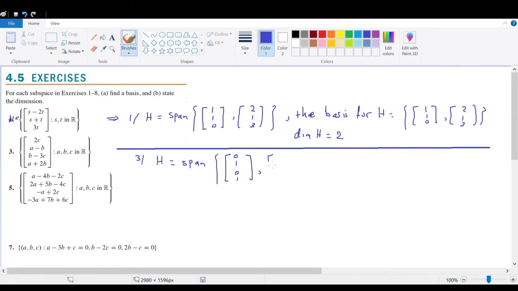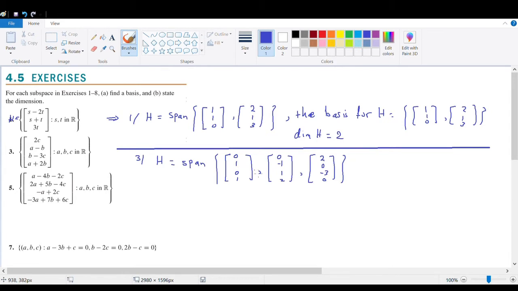Then the coefficients of B: 0, minus 1, 1, 2. Then the coefficients of C: 2, then 0, then minus 3, then 0. So H can be represented as a span of these 3 vectors.